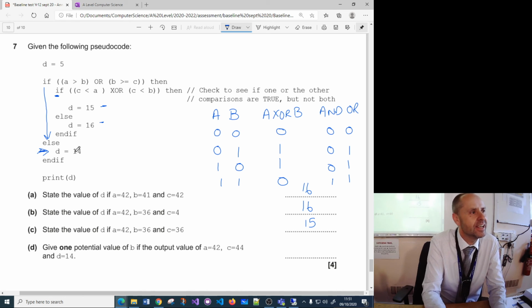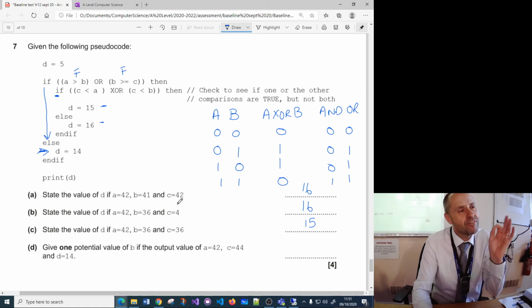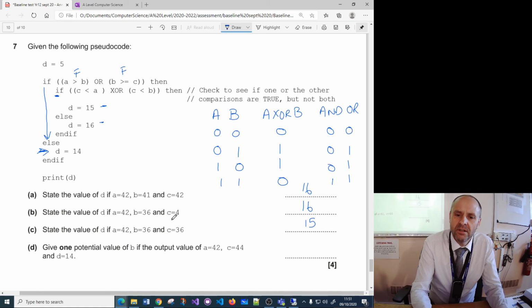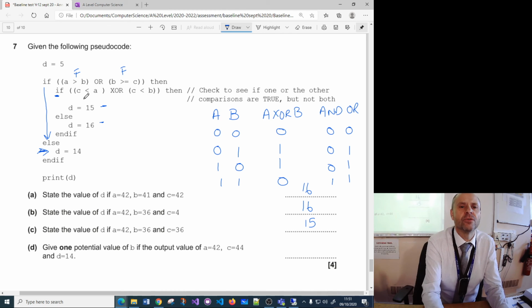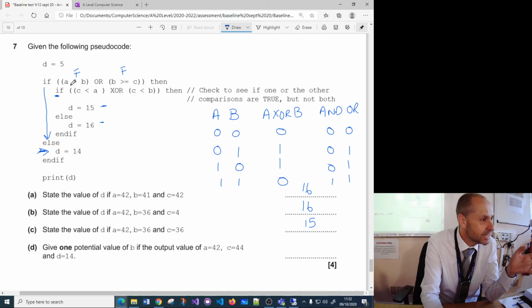To get down to here, this has got to be overall false, which means that's got to be false and that's got to be false. So whatever value we pick, right, so we've got A is 42, so we want B to be bigger than 42 or equal to 42, potentially.